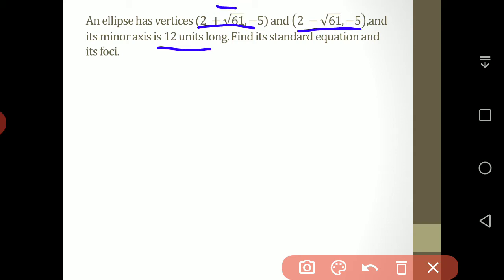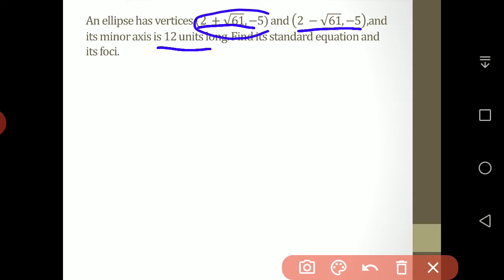These are the two vertices. So those are the two vertices there.